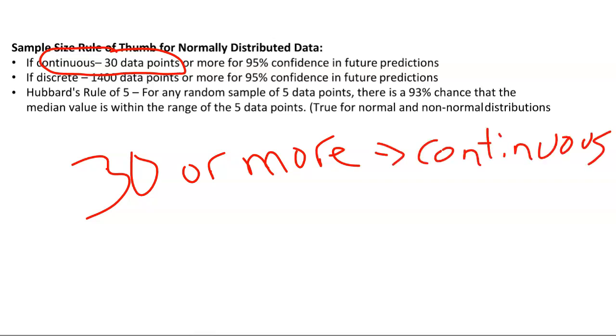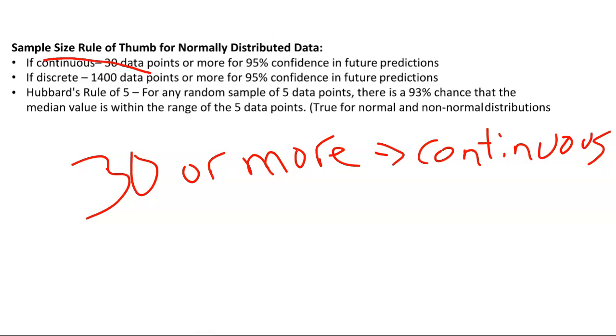If we can capture 30 or more data points, we can be 95% confident that what we're observing is a real reflection of what's going on in current state, or if nothing changes in future state, we can be 95% confident that the phenomena that we're observing will continue to happen in the same manner that the 30 or more data points showed us up to now.